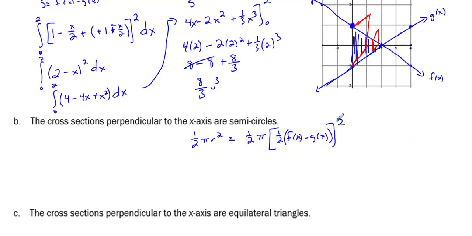Well, let's do something with this. You know, if we have a product and we have an exponent, that would be the same as the product of each exponent. So it'd be 1/2 pi, it'd be 1/4, and then f of x minus g of x squared. That'd be 1/8 pi, and then f of x minus g of x.